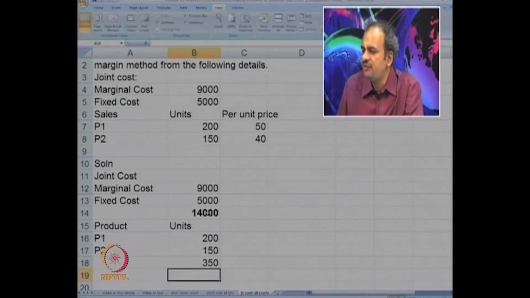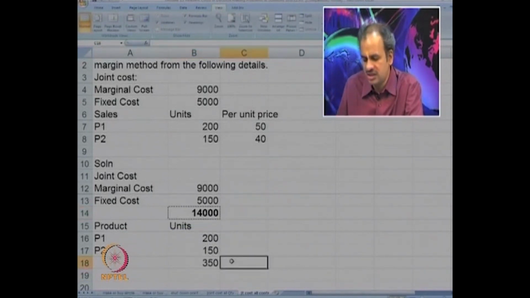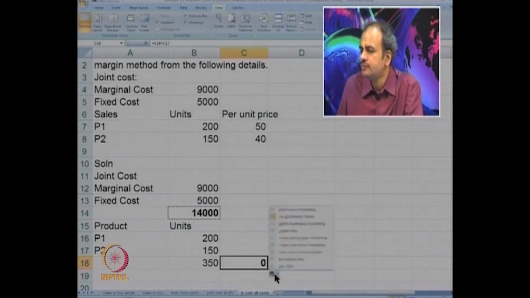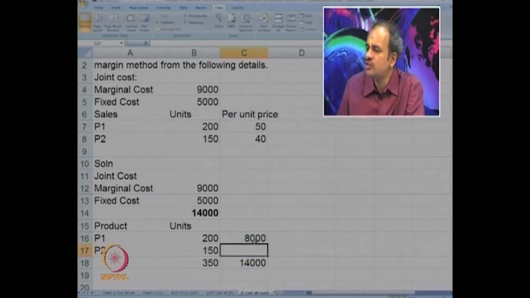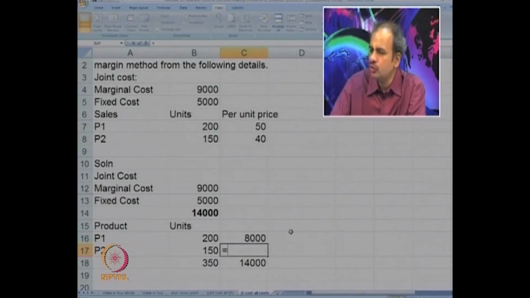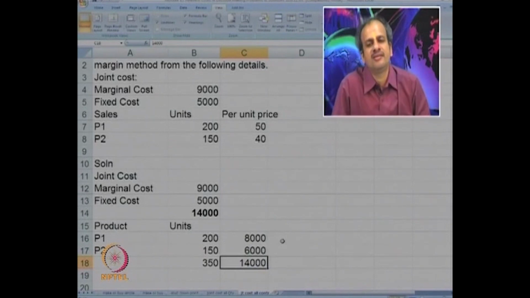So the total is 350 and the total cost is 14,000. So 14,000 upon 350 into 200. So we are able to charge 8,000 to P1 and 6,000 to P2. So exactly 14,000 is allocated.